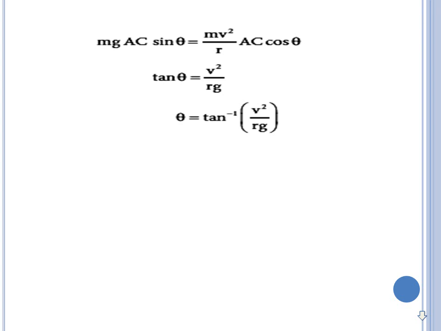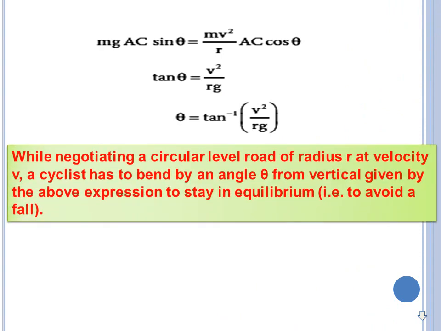Cancel the m and AC, and take sin by cos, then tan theta is equal to v square by r g. Therefore theta is equal to tan inverse of v square divided by r g.